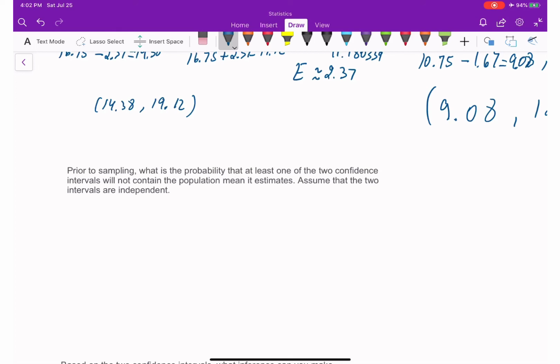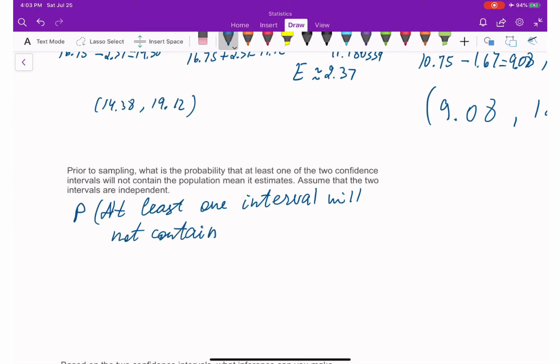Okay, what we want to do, the probability of at least one interval will not contain the mean, it's going to be 1 minus the probability for both. We have total both, right?